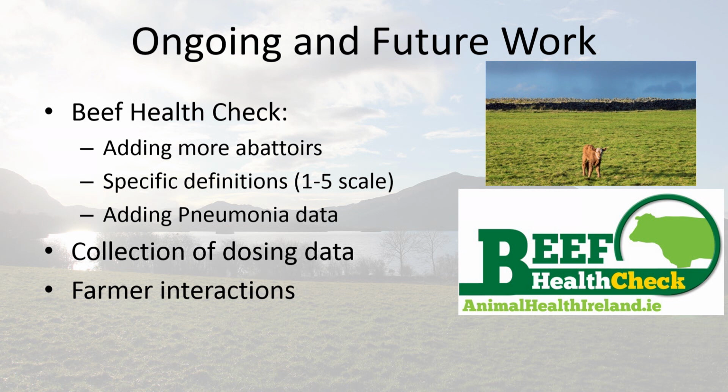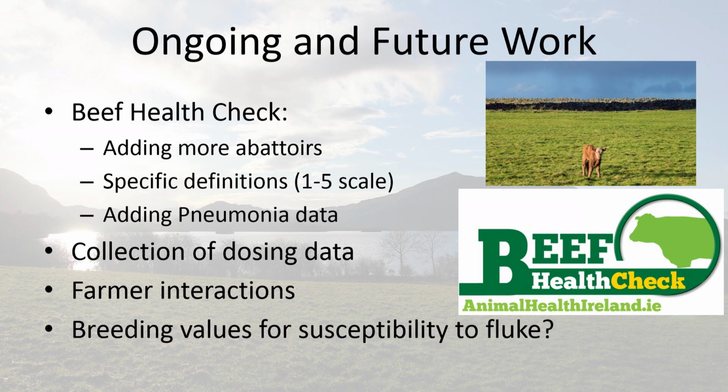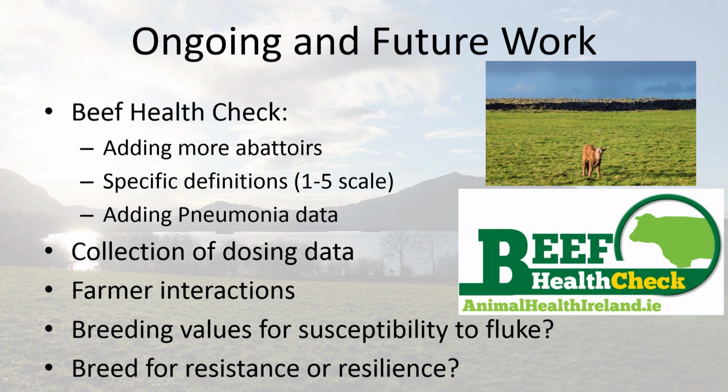We have lots of farmer interactions, as I mentioned, those reports going back to the farmers, telling them what's going on in their herds. We're going to start putting breeding values for susceptibility to fluke once we start getting more data in from all these abattoirs. And then we have the question of whether or not we're going to breed for resistance or resilience. In the last talk, I'm sure you noticed that when the pictures of Europe showed up and they were showing where the flukes are, Ireland was red.